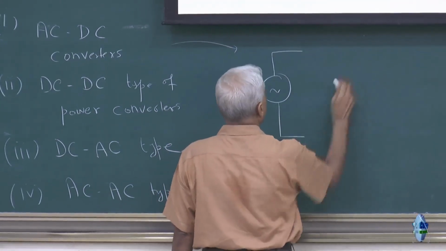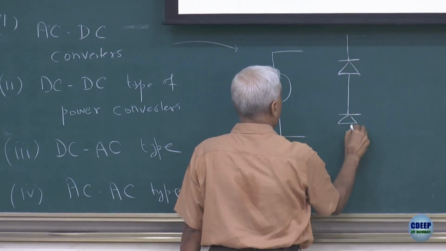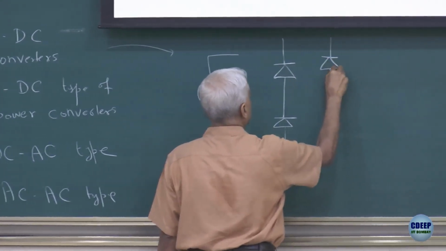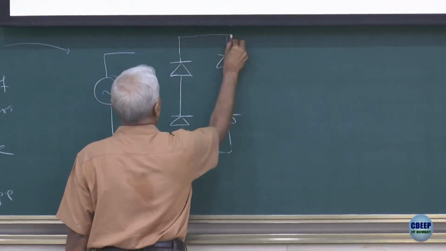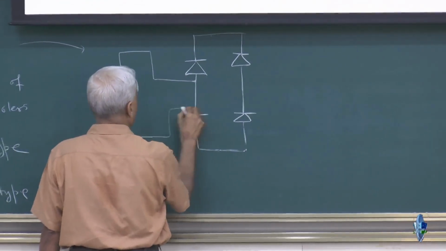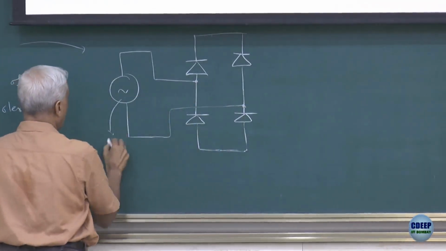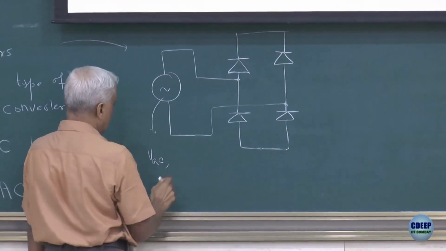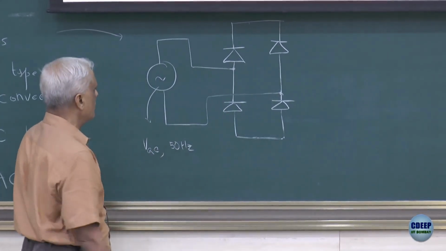Let me draw a bridge made up of rectifiers or diodes. These are the 2 points where the input AC supply is connected. So, this is the input AC voltage. You can assume 50 hertz unless I state otherwise.